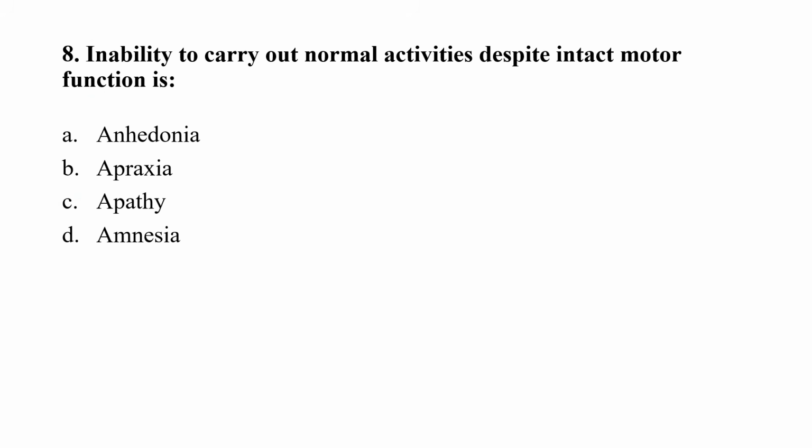Question number 8. Inability to carry out normal activities despite intact motor function is option A, anhedonia, option B, apraxia, option C, apathy, option D, amnesia. Correct option here is option B, that is apraxia. Apraxia is the inability to carry out normal activities despite intact motor functions. Anhedonia is the inability to experience pleasure in any activities.